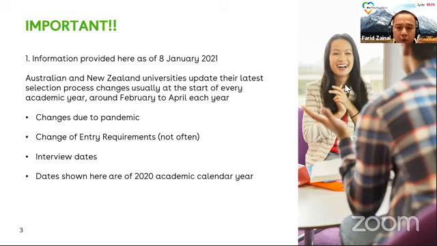Some of the changes to look out for are changes of entry requirements, but just take note that this does not happen often. Interview dates are especially something to look out for, as they will vary from year to year, but they are usually kept within the same period. Subsequently, I will also be deep diving into the interview dates within the next few slides. But do note that these dates are for last year's, as the 2021 dates have not been made known by the universities.